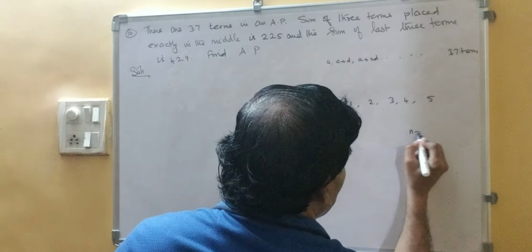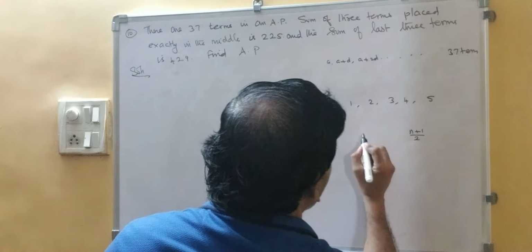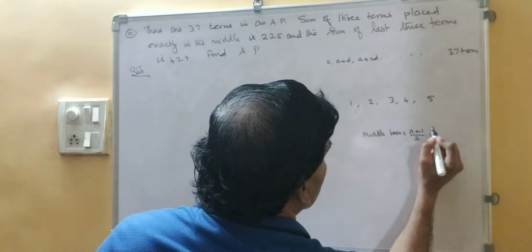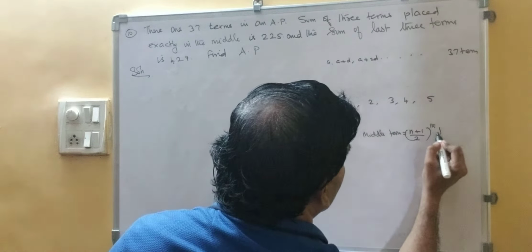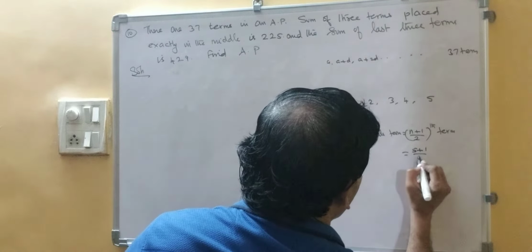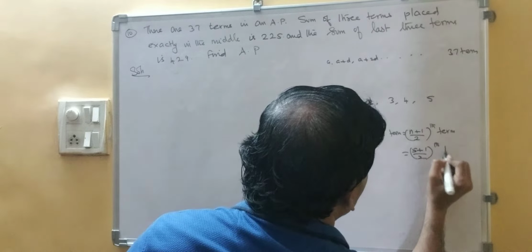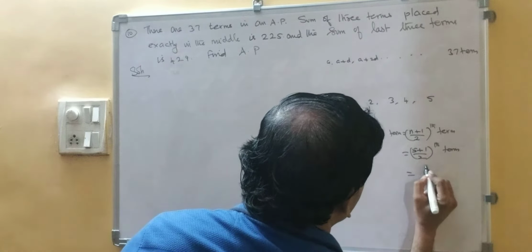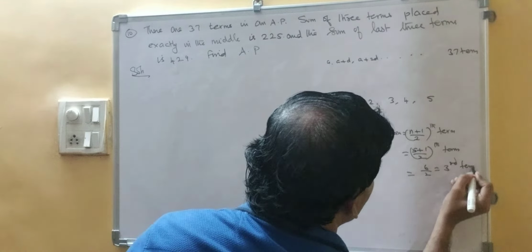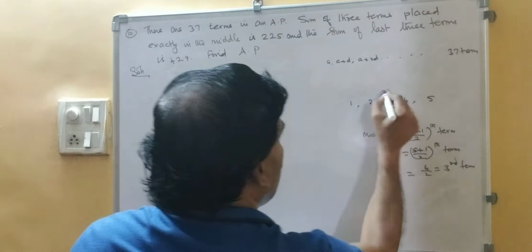So the middle term equal to (n plus 1) upon 2 th term. 5 plus 1 upon 2 th term. That means 6 upon 2 equal to 3rd term. See, this is the middle one, right?